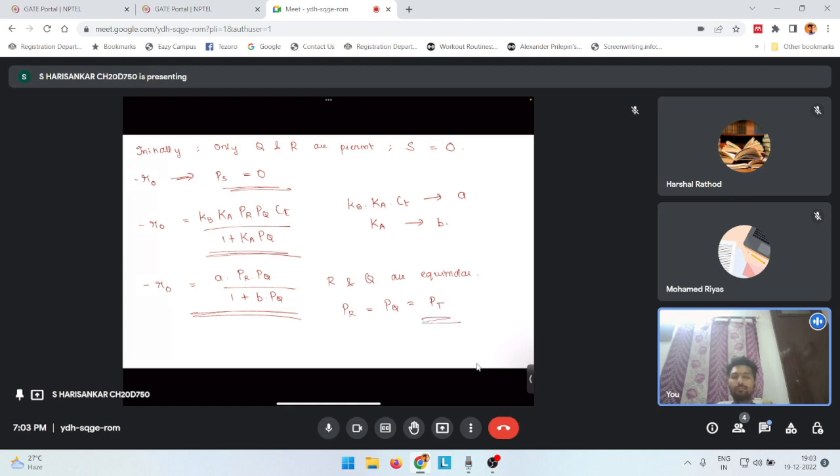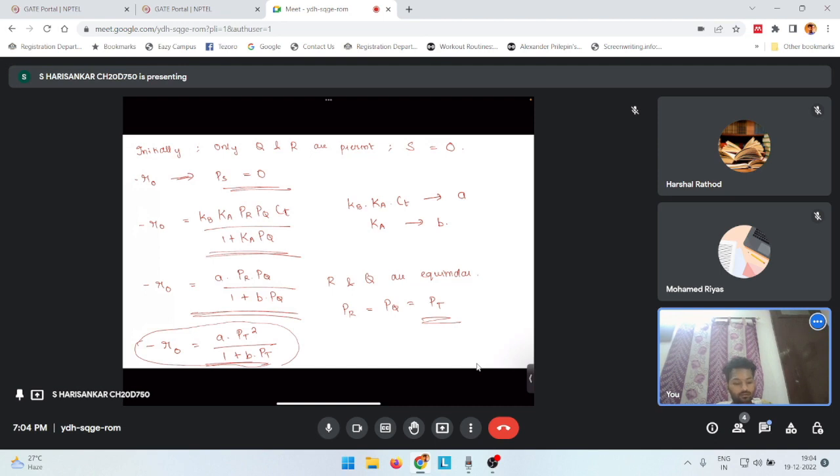So what we can do is we can substitute PT in terms of PR and PQ and we'll get our initial rate minus R0 as A into PR into PQ, which is PT into PT, that is PT square by 1 plus B into PQ, and PQ will be PT, so B into PT. So our initial rate equation will become minus R0 equal to A into PT square by 1 plus B into PT.